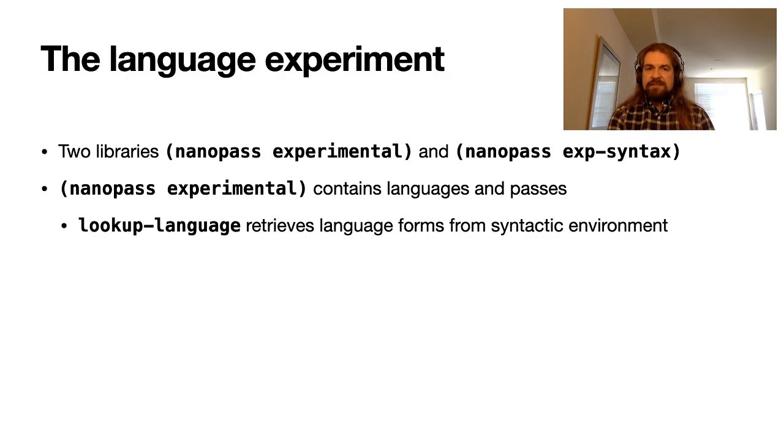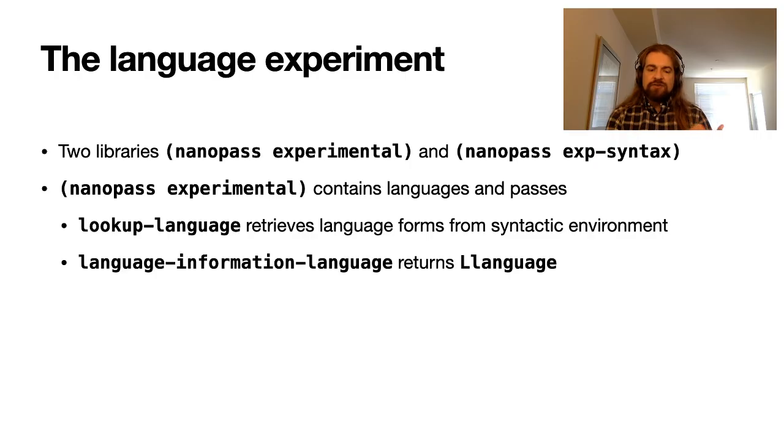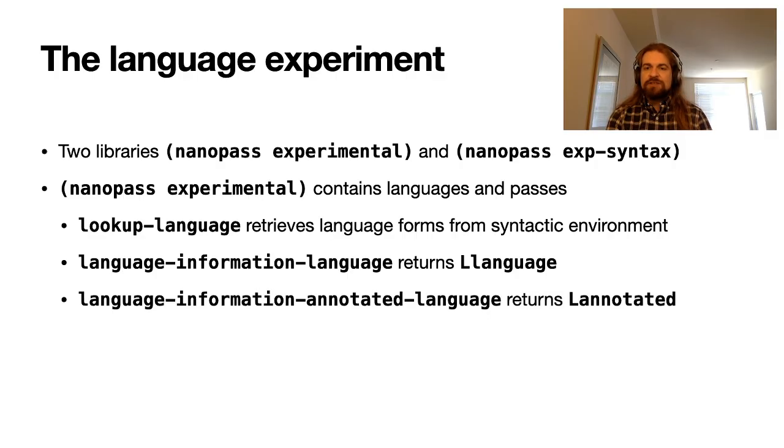It needs to be passed the syntactic environment and the name of the language that you're trying to get at, and then it will hand you back that language record. The language record is a sort of record with two pieces to it. Language information language gives you back the simple language, and language information annotated language gives you back the annotated language, and then you can operate over those.